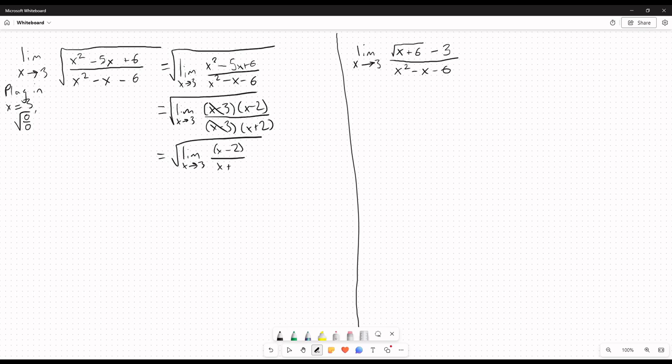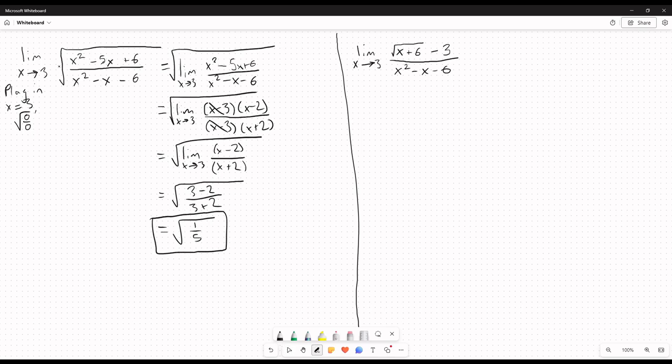And now this is suddenly something that we can evaluate at 3. So we'll go ahead, plug in 3. That's going to give us the square root of 3 minus 2 over 3 plus 2, which will just be the square root of 1/5. And that would be our final answer.